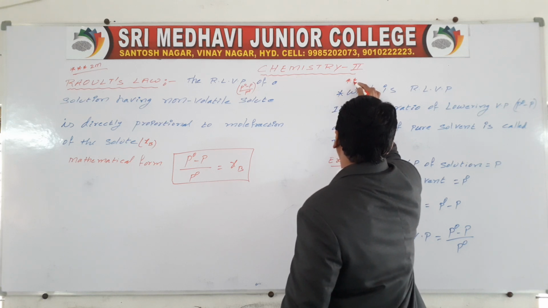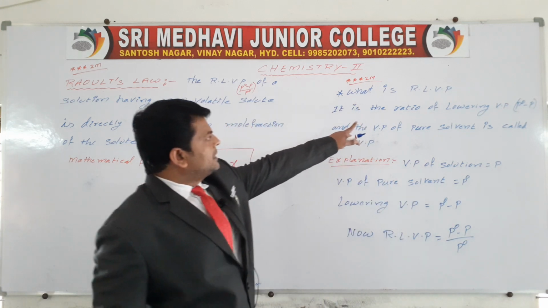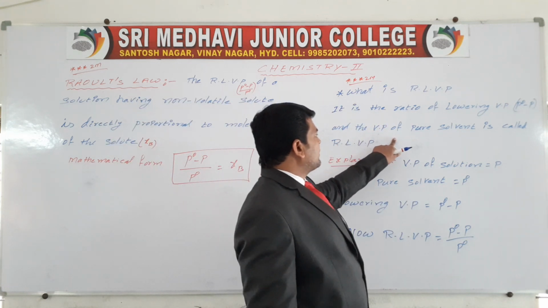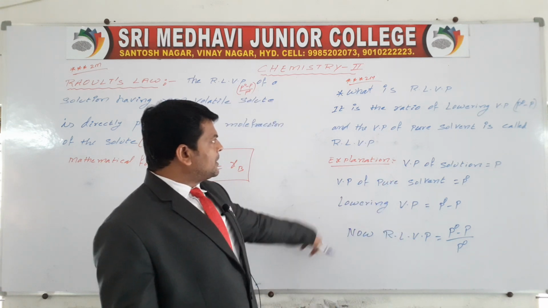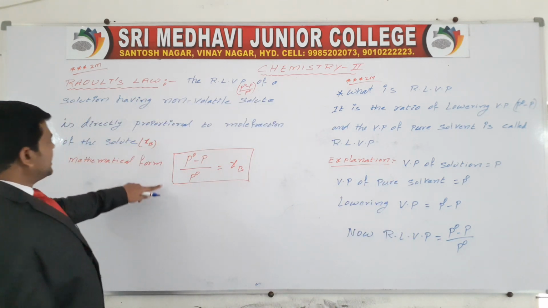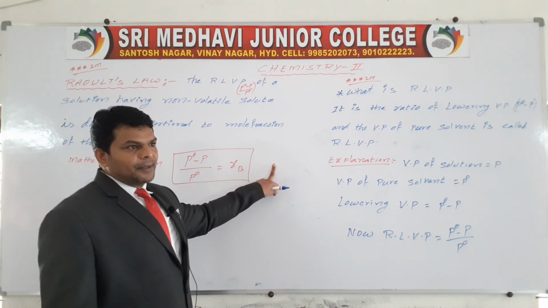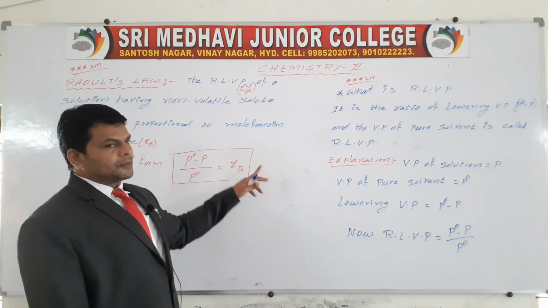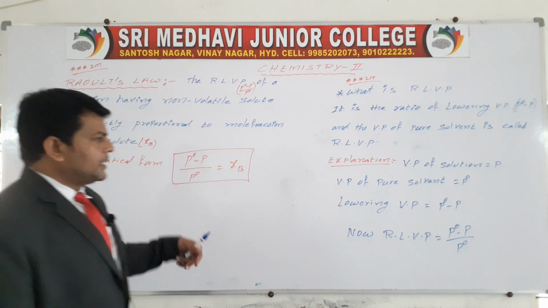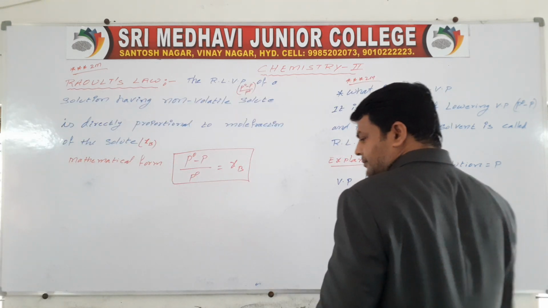It is also important for 2 marks. It is the ratio of lowering of vapor pressure and the vapor pressure of the pure solvent, called RLVP. XB means NB by NA plus NB, and neglecting NA, we get NB by NA. We are going to discuss that.